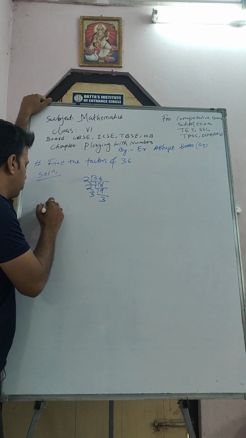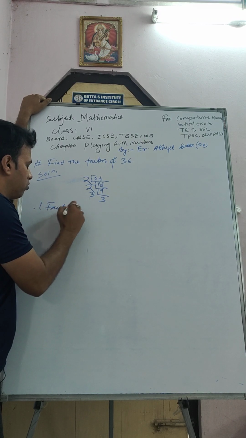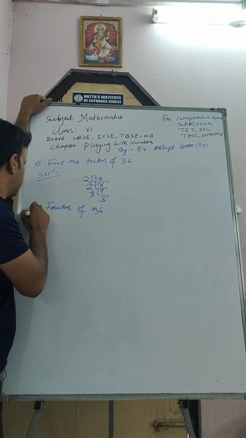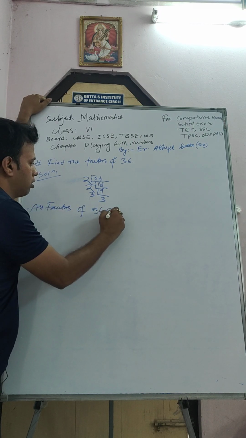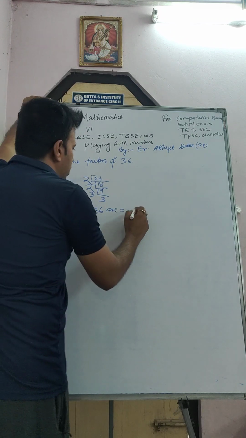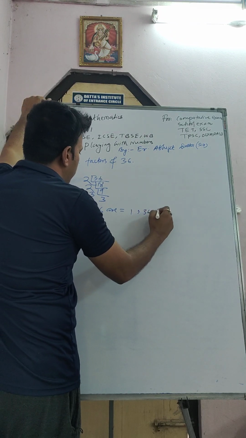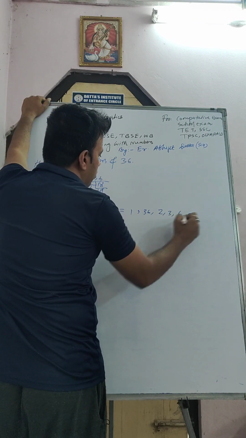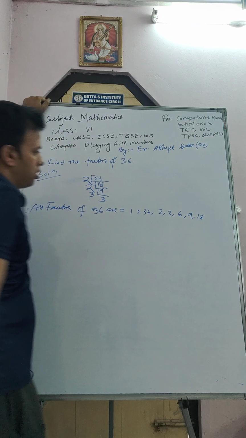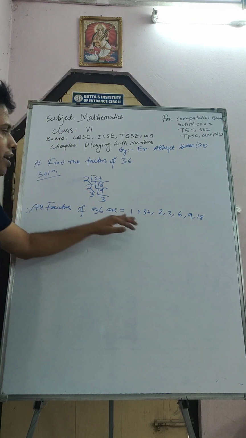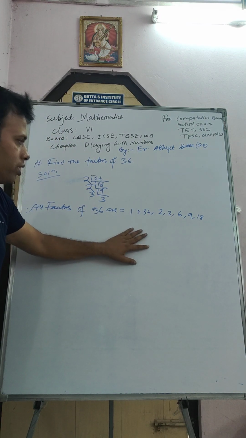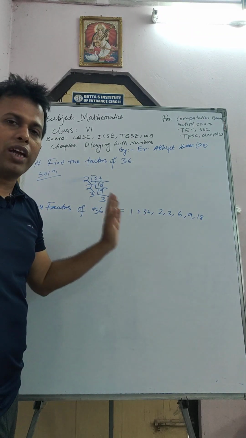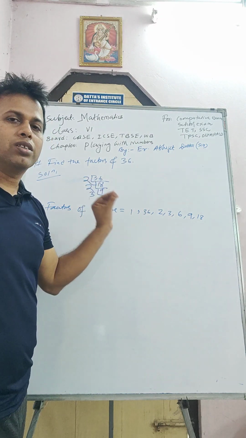Therefore, all factors of 36 are 1, 36, 2, 3, 6, 9, 18. How can you find them? Every number is divisible by 1 and by itself, so 1 is a factor of all numbers and the number itself is a factor.